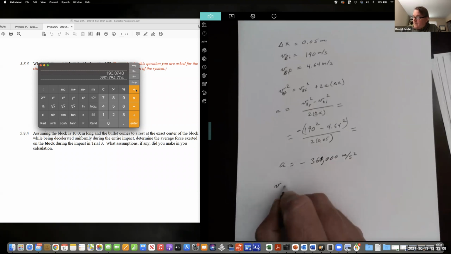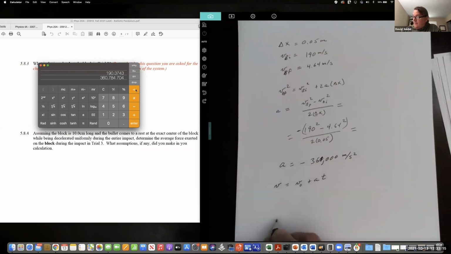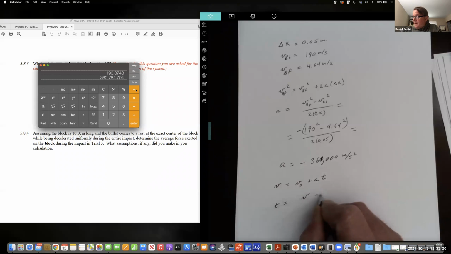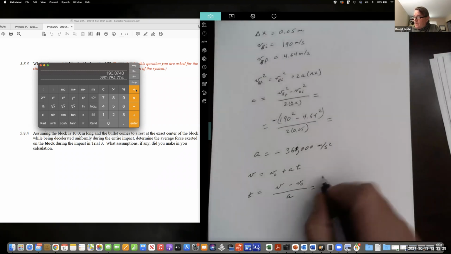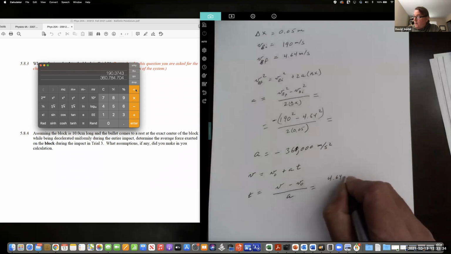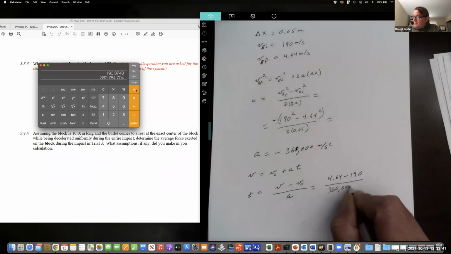So V is equal to V0 plus AT. So T is equal to V minus V0 over A, which is equal to V final, 4.64 minus 190, divided by 360,000.